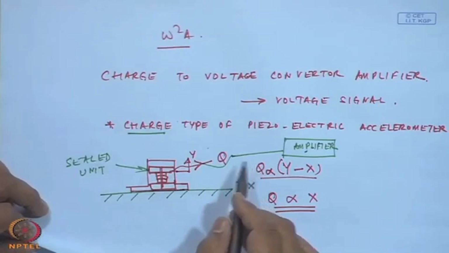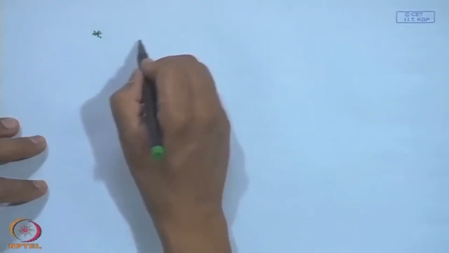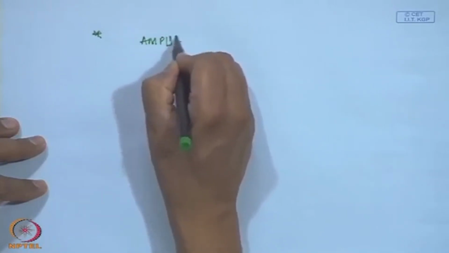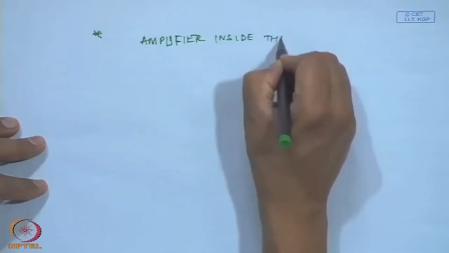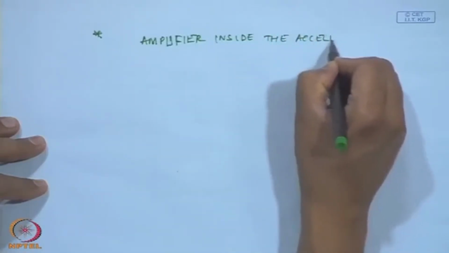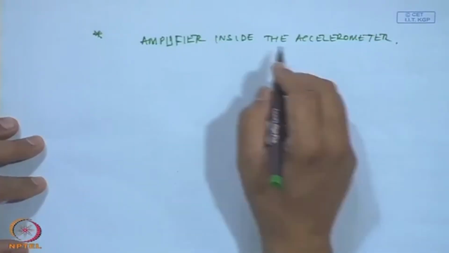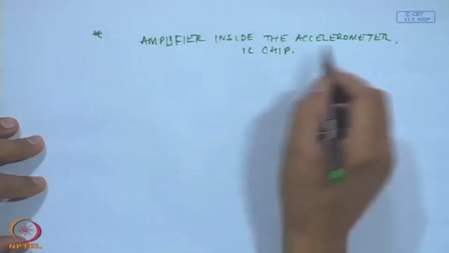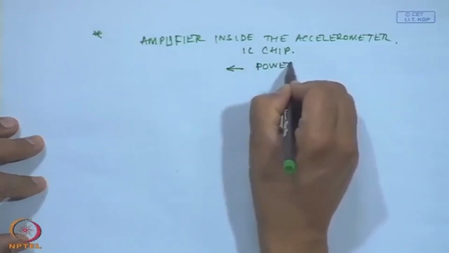So, with the miniaturization of electronics, people have put the amplifier inside the accelerometer in a small IC chip. But then to power the accelerometer, I have to give it a power source. It requires a power source.